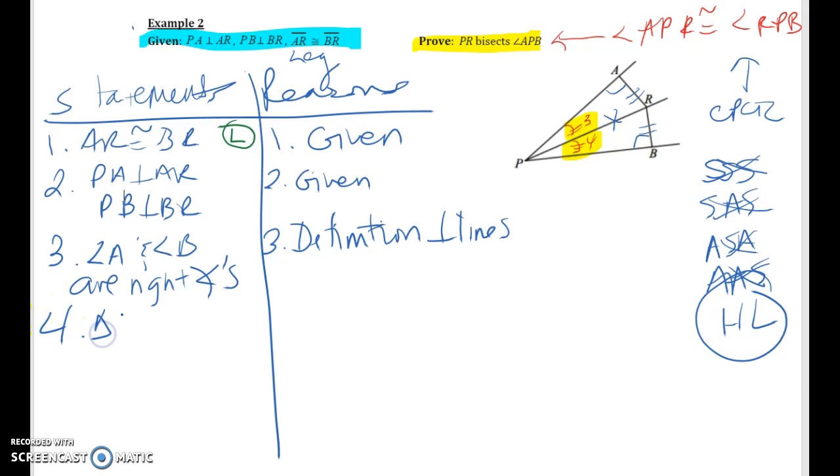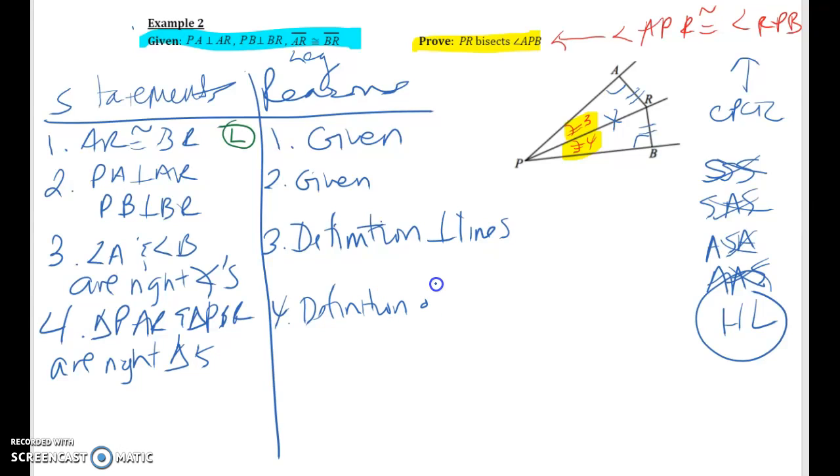Triangle PAR and triangle PBR are right triangles, because a triangle with one right angle is a right triangle, or definition of a right triangle.